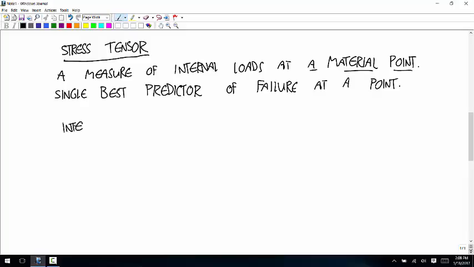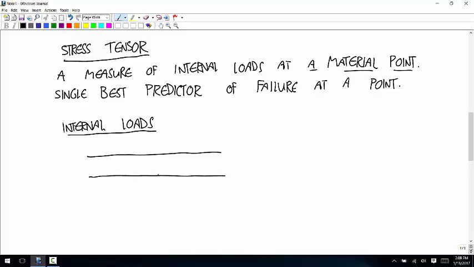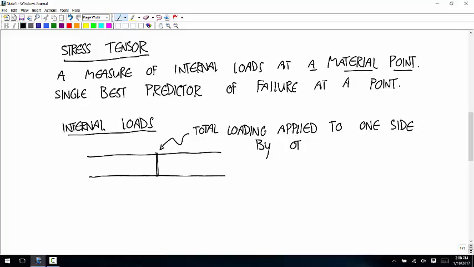So internal loads, like we did in statics, if you're talking about the internal loads in a beam, that tells you along a line the total loading applied to one side by the other side.